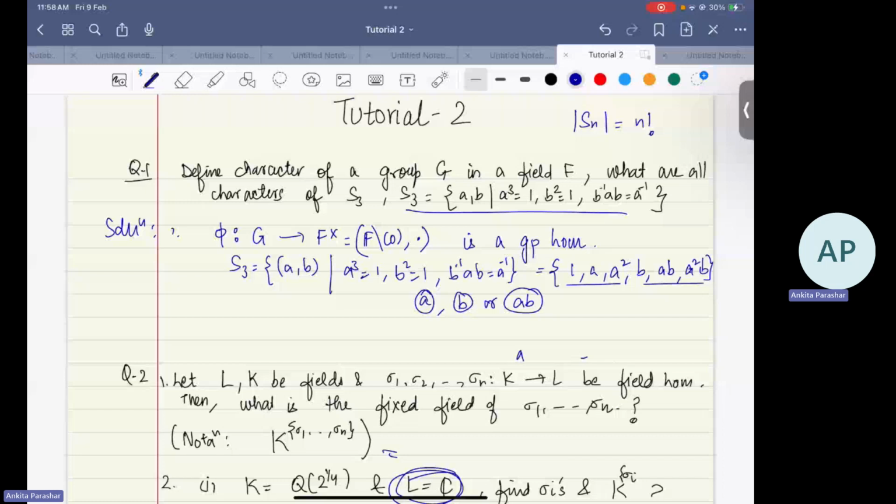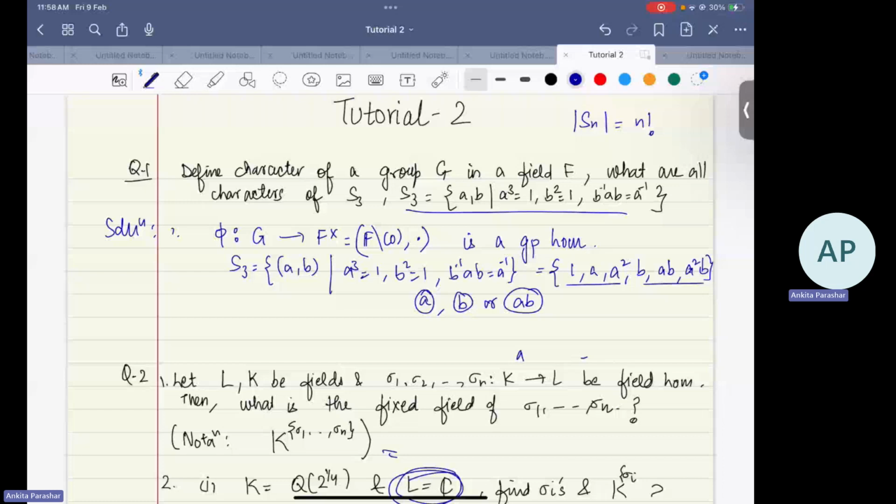Now, let me write 2 power 1 by 4 going to 2 power 1 by 4 as sigma 1, 2 power 1 by 4 going to minus 2 power 1 by 4 as sigma 2, 2 power 1 by 4 going to 2 power 1 by 4 times i as sigma 3, and to minus 2 power 1 by 4 times i as sigma 4. Let's see.